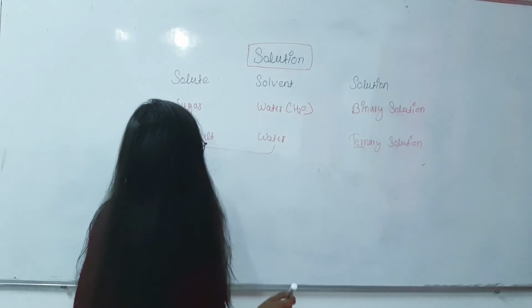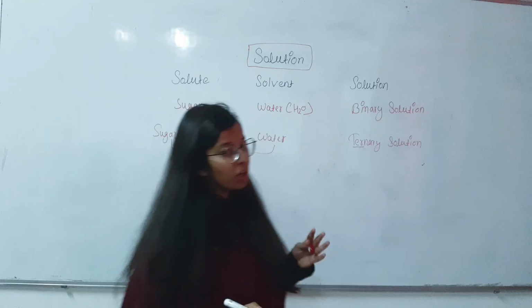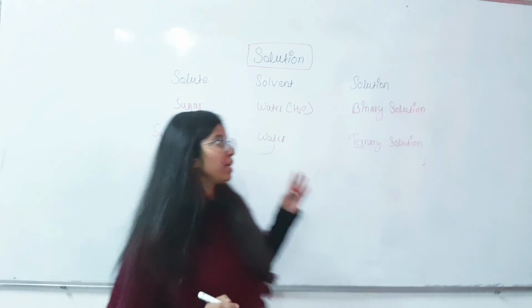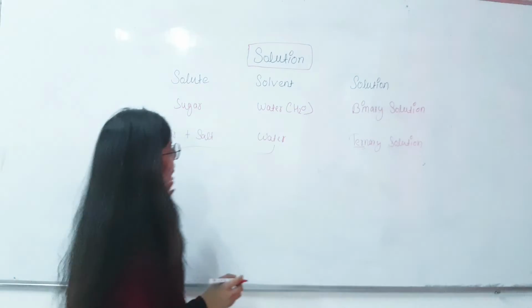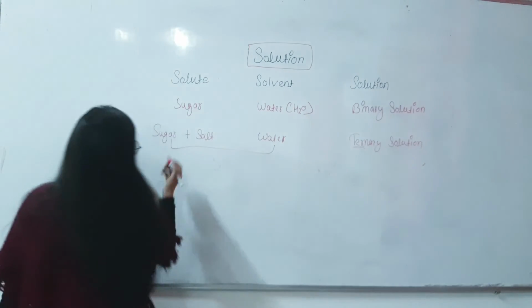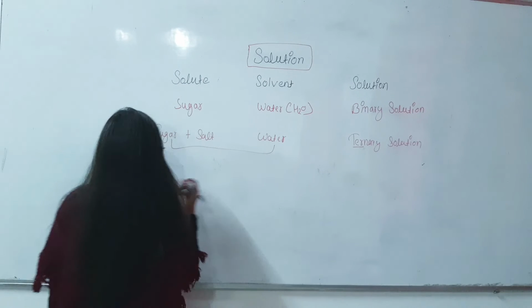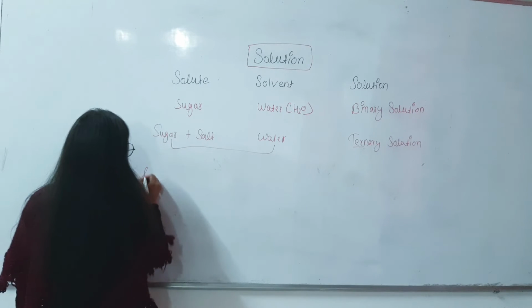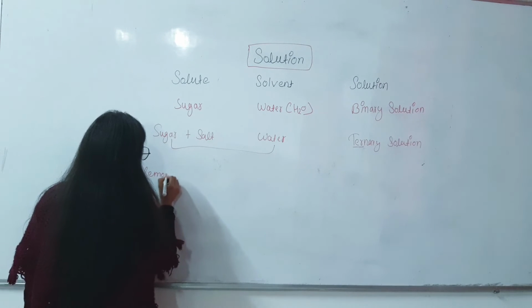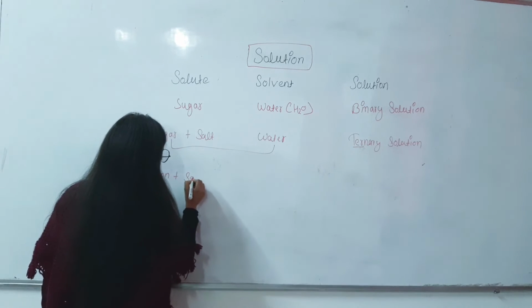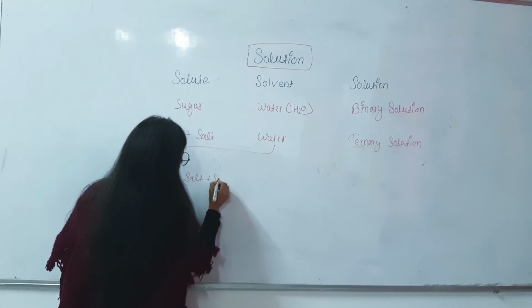The fourth one is when four components are used for making our solution, that is, three solutes and one solvent. The three solutes are lemon, salt, and sugar.